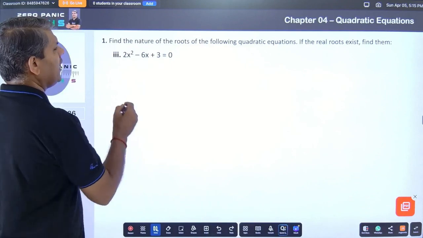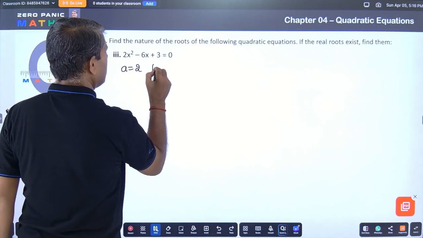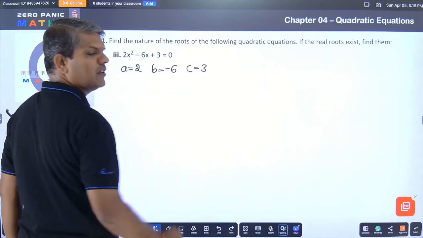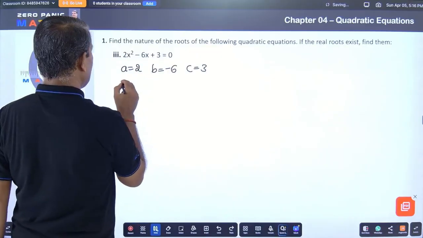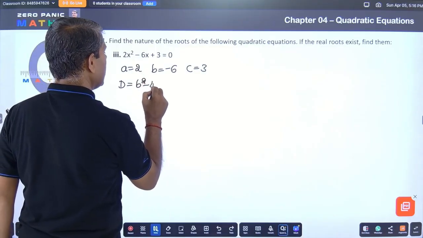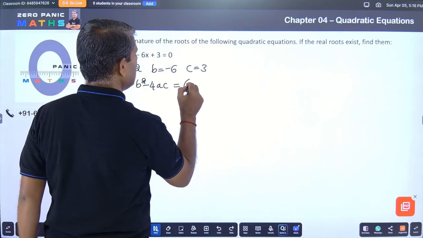Okay, again find out a, b is minus 6 and c is equal to 3. Okay, find out the discriminant. D is equal to b square minus 4ac. Okay, we are doing the same thing with all these problems.